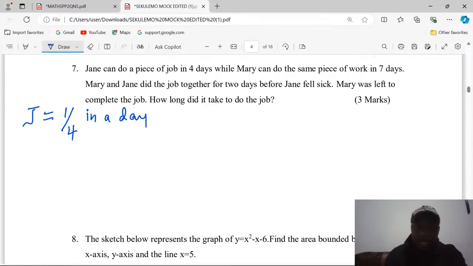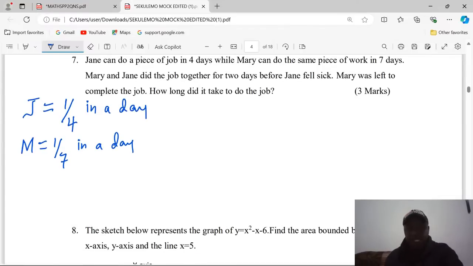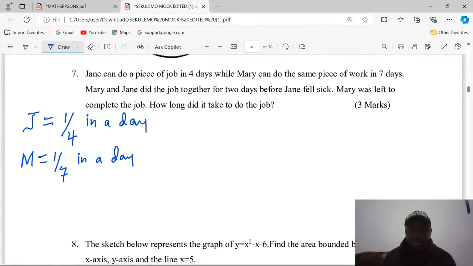Then if Mary takes 7 days alone, it means in a day she works a seventh of the total work, so that when she works for 7 consecutive days, she will finish the work.